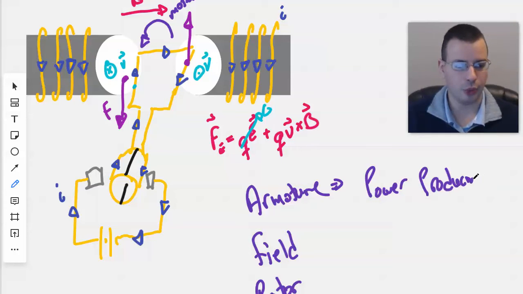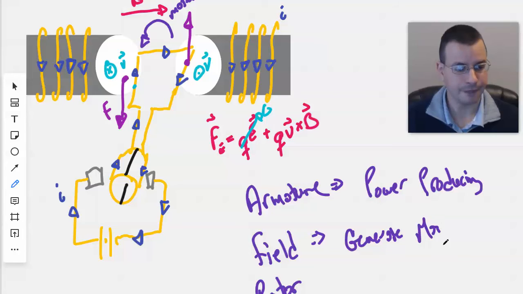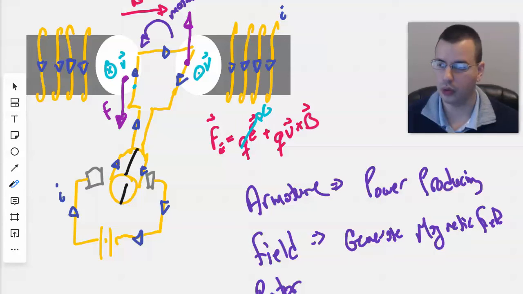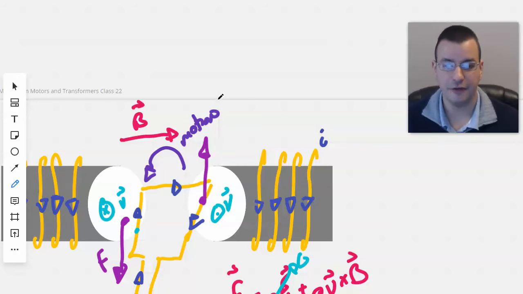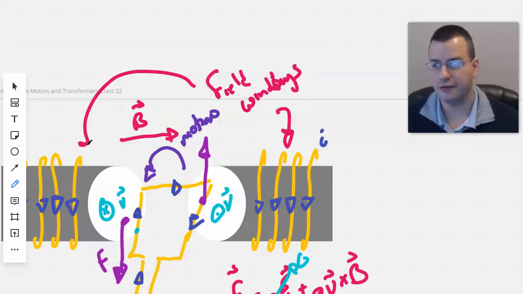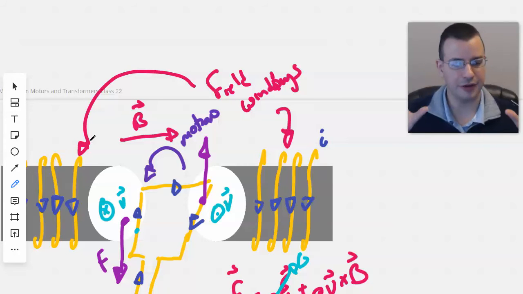On the opposite side of the armature, you'll have the field windings. These generate the magnetic field. Here we have field winding on the sides, one there and one over here. The entire purpose of the field winding is to produce a magnetic field for the armature windings.